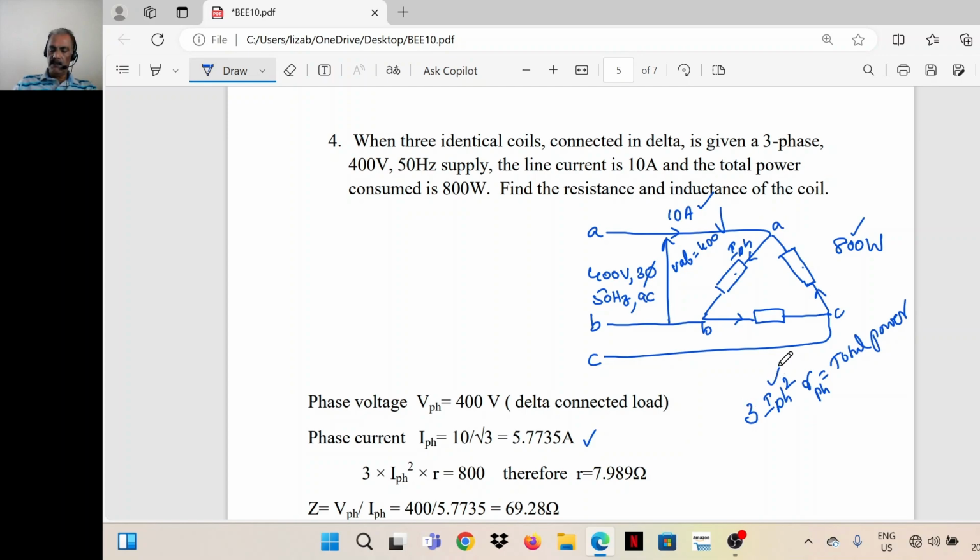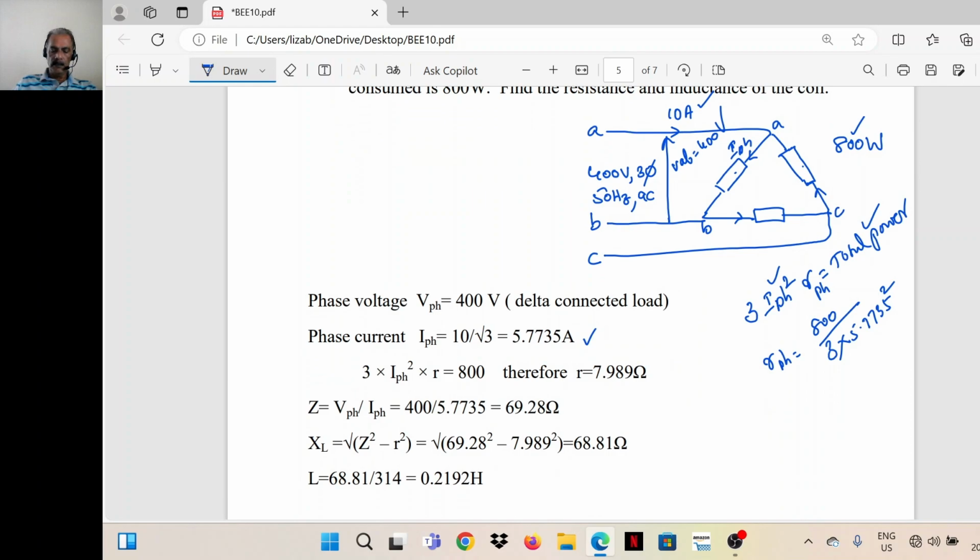We know the phase value of current, we know the total power, so we can find out the resistance per phase. So R phase is equal to total power 800 divided by 3 into I phase square. I phase is 5.7735. That is 7.989.